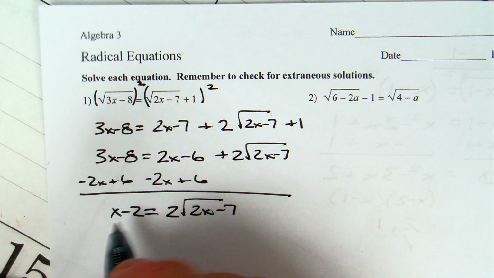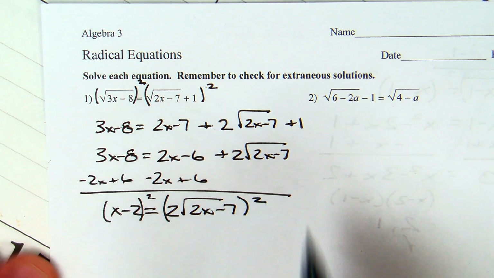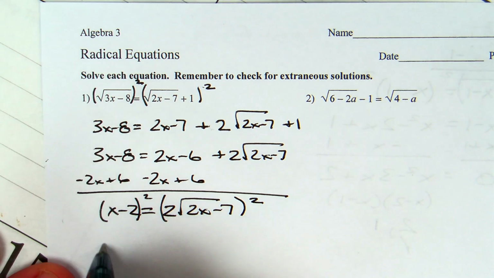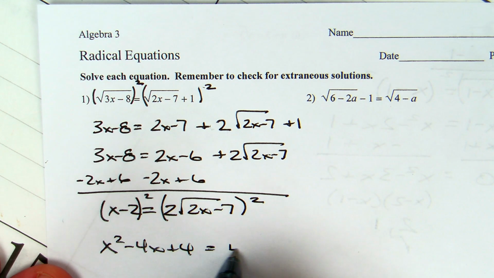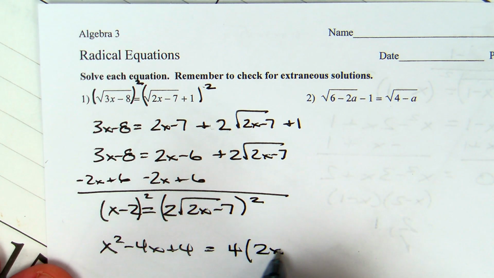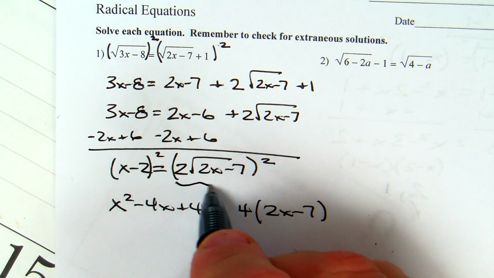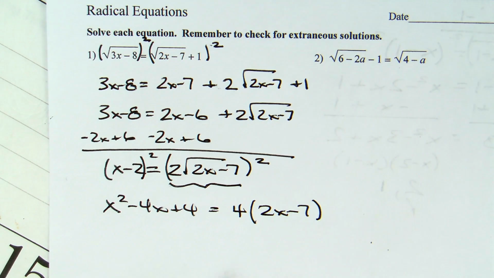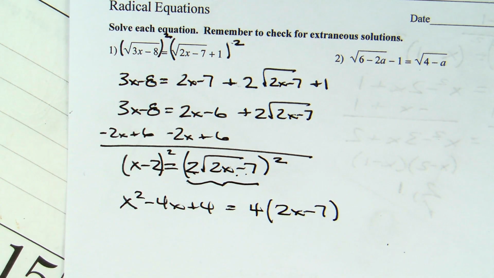At that point, I'm going to square both sides again. x squared minus 4x plus 4 equals 4 times 2x minus 7. When I square an expression that looks like this, it's going to be the outside number squared times whatever's inside the radical.